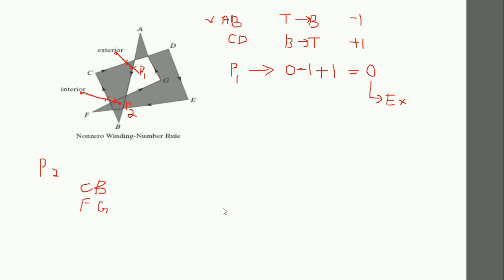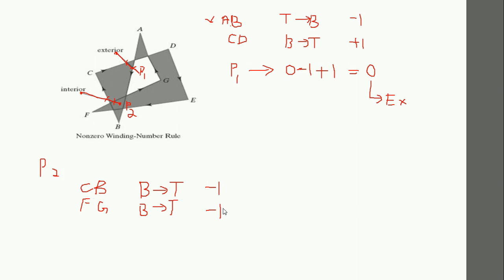CB, if you see the direction, is moving from bottom to top. FG is also moving from bottom to top. Both cases are bottom to top.